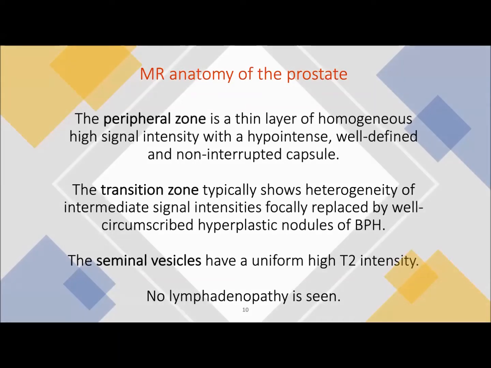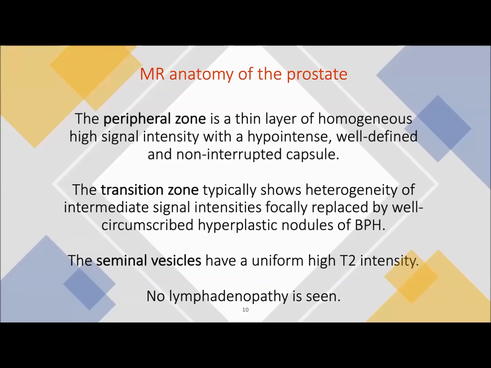So understanding and identifying that capsule is extremely important, as we know as urologists, it's important for us to define whether there is any penetration of the capsule, because capsular breach means extra prostatic disease, and often these patients are not amenable to radical prostatectomy.